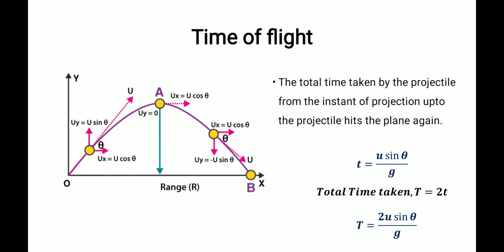The formula is u sin theta by g. Then the total time of flight is equal to 2 into t, because for the upward travel it takes t, and the same time it takes for the downward travel. So the time of flight is equal to 2u sin theta by g.